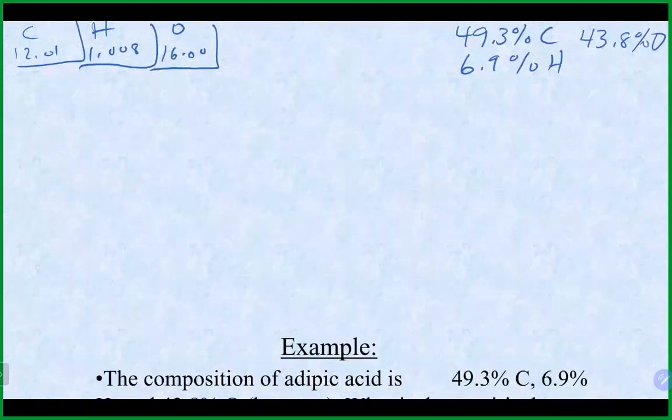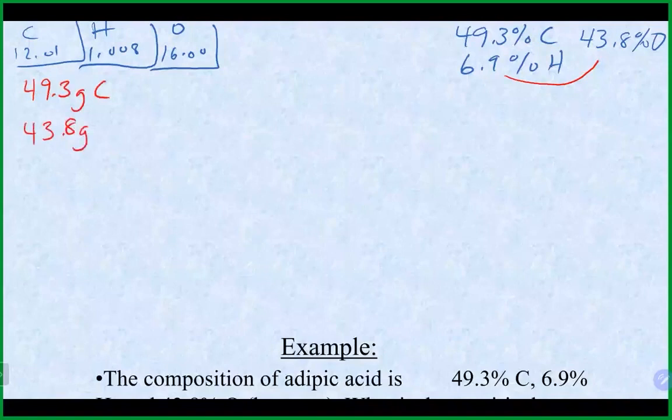Okay, let's take a look at this. Once again, we are given everybody in percentages here. We just quickly look at it: we do have about 100% given, which means we are good to just convert these into grams. That gives us 49.3 grams of carbon, 43.8 grams of oxygen, and 6.9 grams of hydrogen.